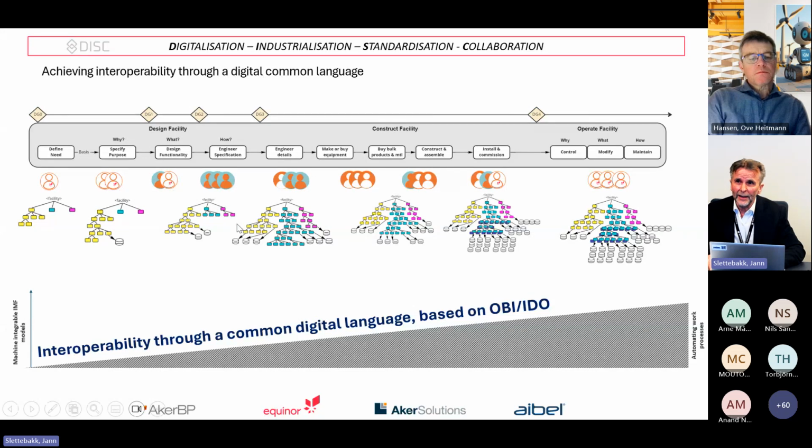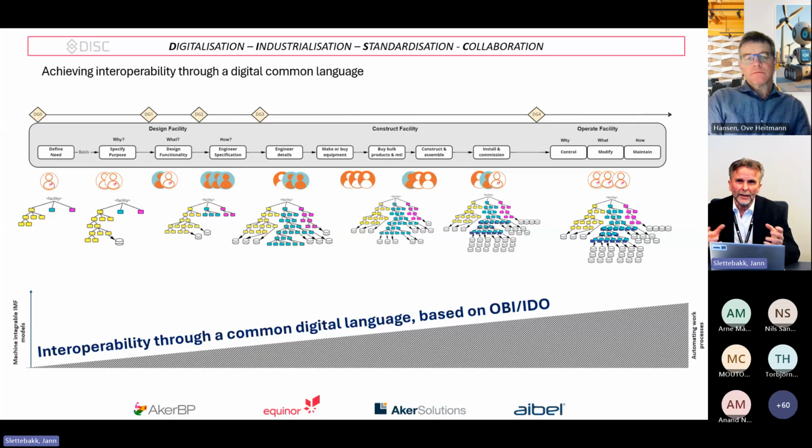But maybe then in the feed and transition to detail engineering, you will see the selection of product be more dominant. And then you move into product selection, you move into data exchange and interoperability between the different stakeholders in the project. And in the later phase of the project, you will have an operational plant as well.